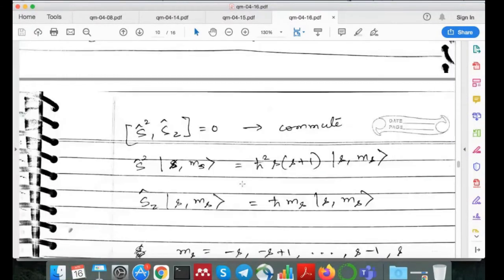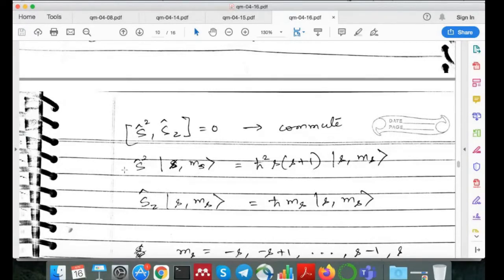Again, S² and Sz commute with each other, so the commutator relation is 0. Now instead of writing |l, m⟩ as the wave function, we will write |s, ms⟩ as the wave function.